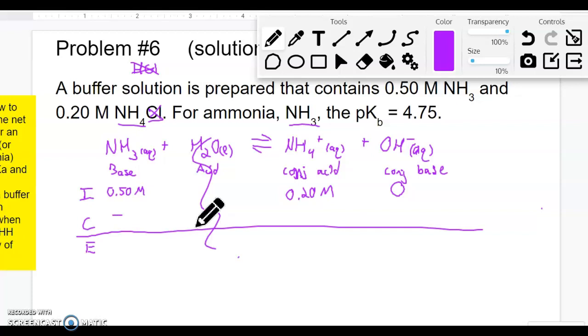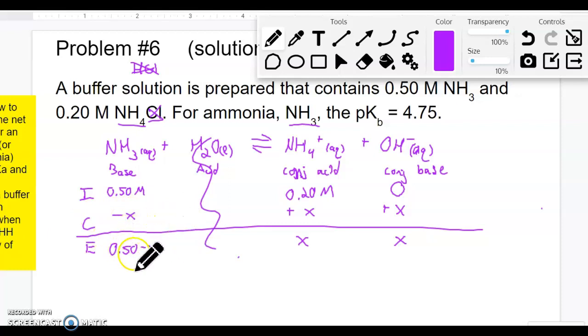So this is going to lose X, or minus X, and this is going to change by plus X, and this is going to change by plus X. They're all in a 1-to-1 ratio, where the coefficients are 1. So it's just minus X, plus X, plus X. Down here I get 0.50 minus X. This becomes X, and this becomes X at my equilibrium.